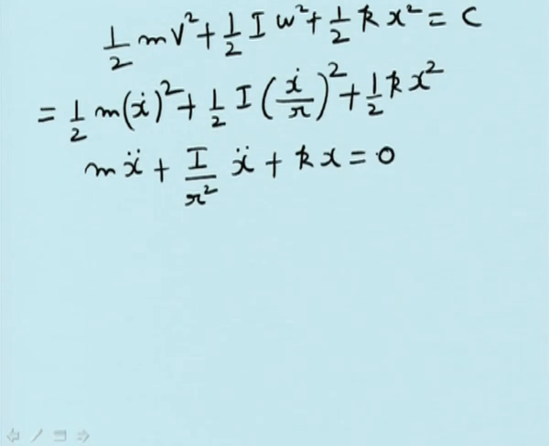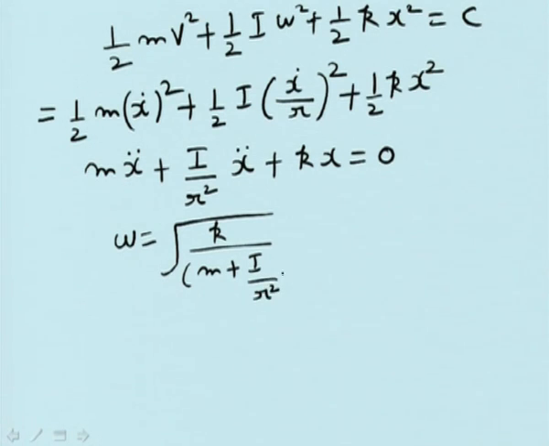Note that here we could write omega is equal to x dot by r because of the rolling motion. So this is pure rolling motion. So omega is equal to under root k divided by m plus I by r square. You get this term.